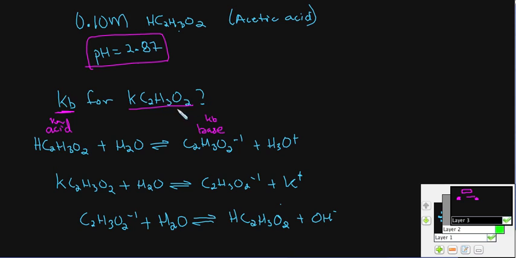But what about this? What about potassium acetate? Well, potassium acetate, when you put that in water, it creates the same acetate ion as acetic acid does. And it leaves behind a neutral cation. See, potassium's group 1, it's neutral. It doesn't affect anything, right?